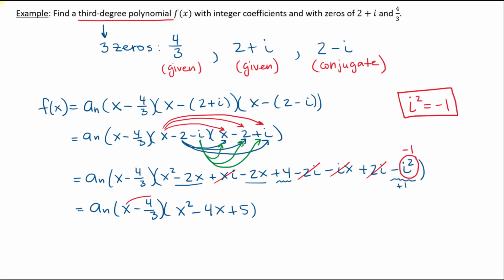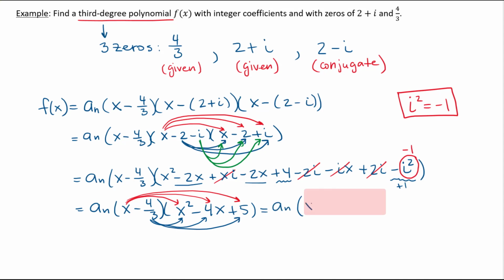I'll take x and multiply it by everything inside the second expression. And then I'm going to take negative 4 over 3 and multiply it by each term inside the second expression as well. So that will give me x cubed minus 4x squared plus 5x minus 4 over 3 x squared minus 16 over 3 x minus 20 over 3.